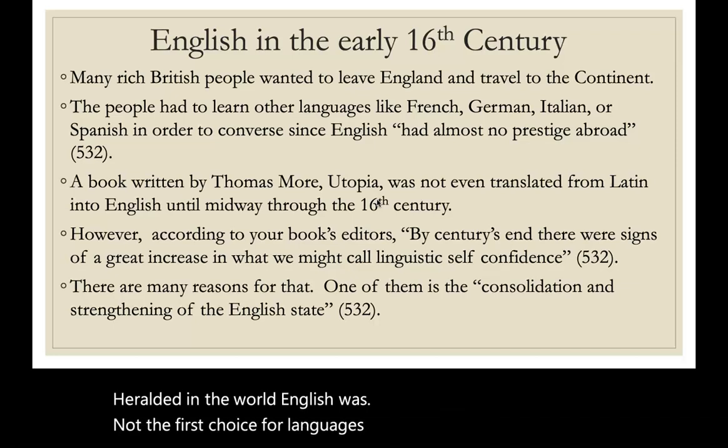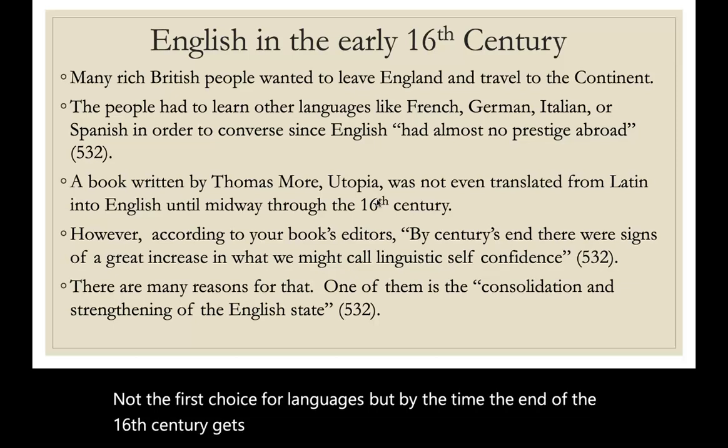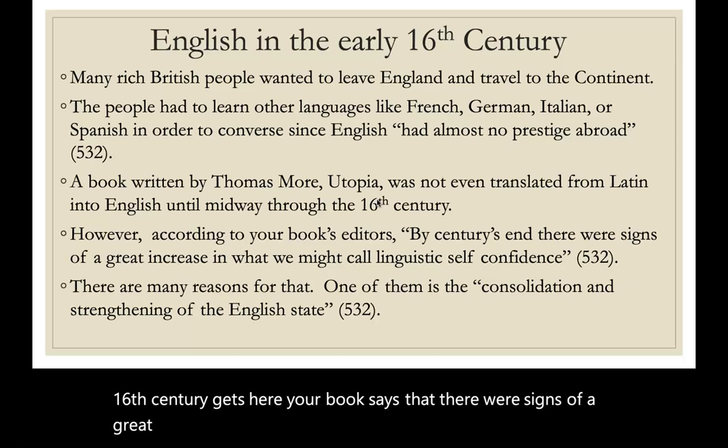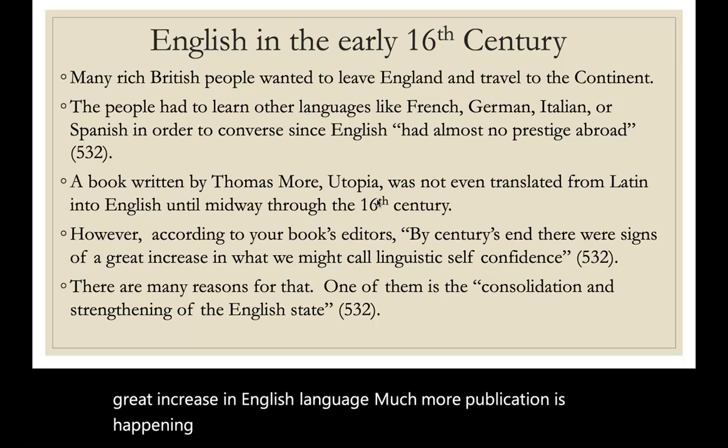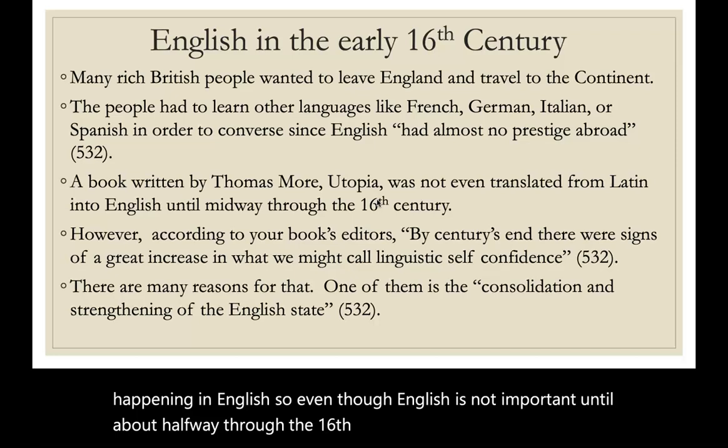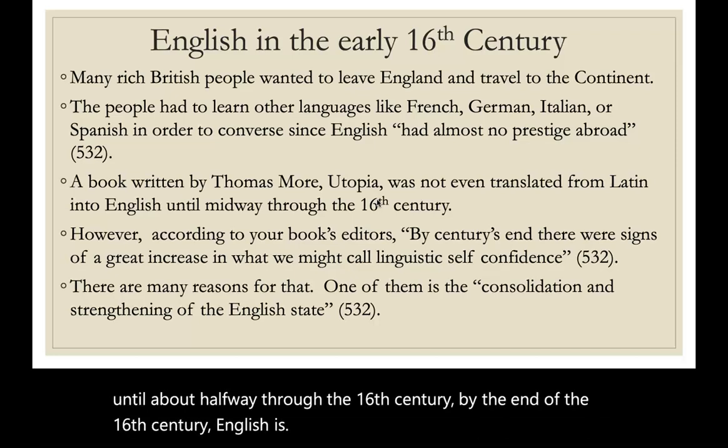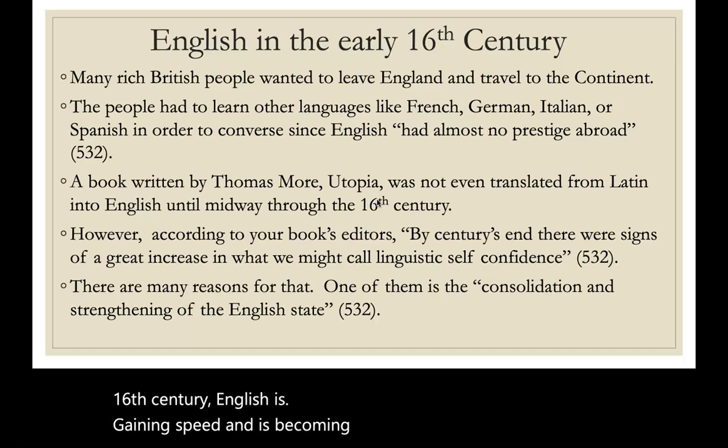But by the end of the 16th century, your book says that there were signs of a great increase in the English language. Much more publication is happening in English. So even though English is not important until about halfway through the 16th century, by the end of the 16th century, English is gaining speed and is becoming very dominant.